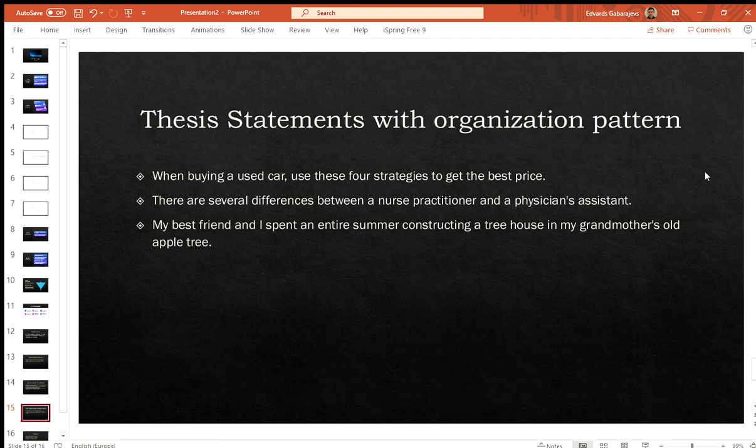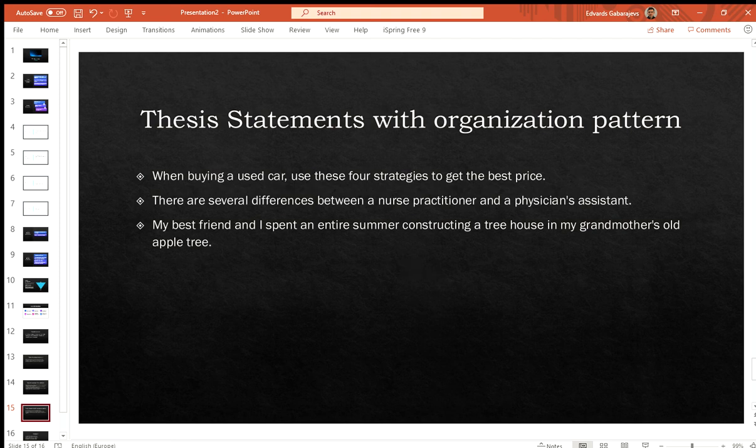And so on. So: when buying a used car, use 4 strategies to get the best price. So we can assume that this would be chronological, like a manual, a to-do list before we buy a new car. So we look at this, we look at that, going step by step in explaining the method.